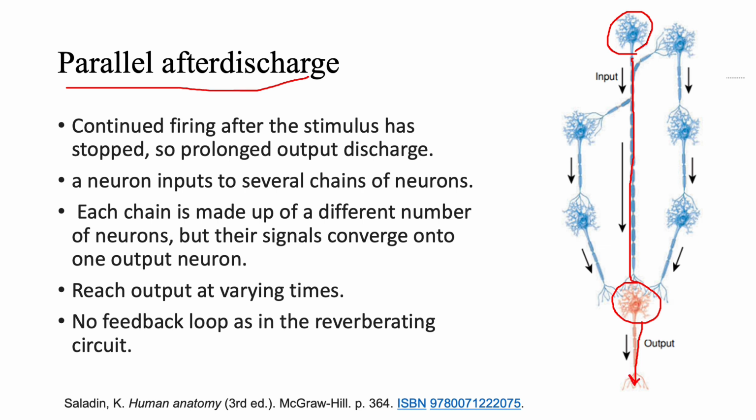But if we need the signal reaching this orange neuron to be prolonged, I need this neuron to fire for a longer time. But the signal coming from this input neuron, the blue one, is going to last only a few milliseconds, then it's going to stop.